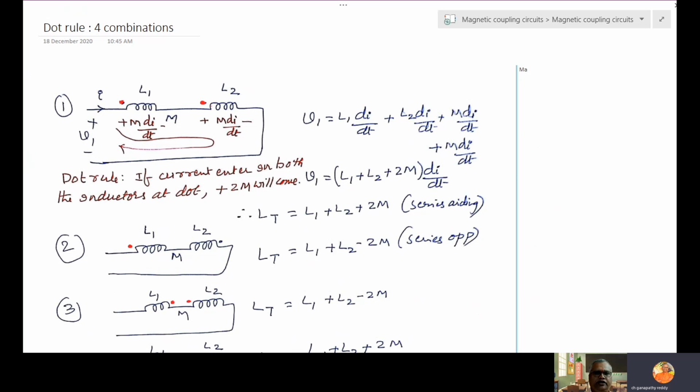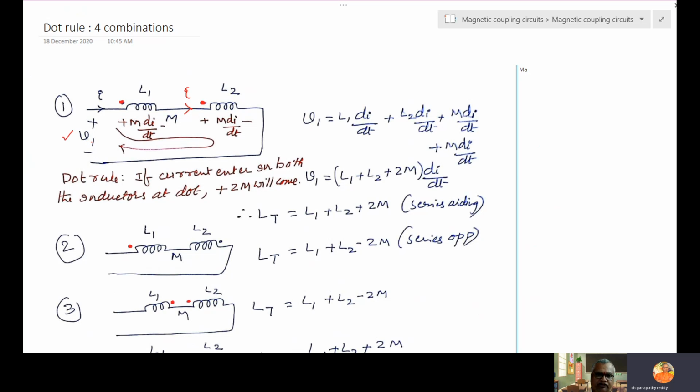And what is the mutual inductance between these two? M. So M di by dt. Then the same current I is entering here. So entering at dot, again sensing at dot is again plus. What is its value? M di by dt. Therefore here M di by dt, here also M di by dt.